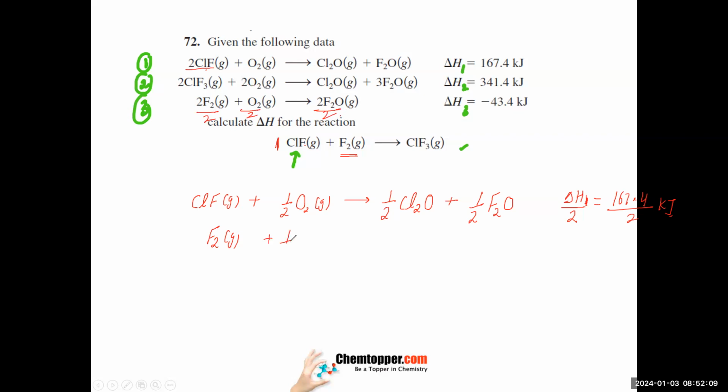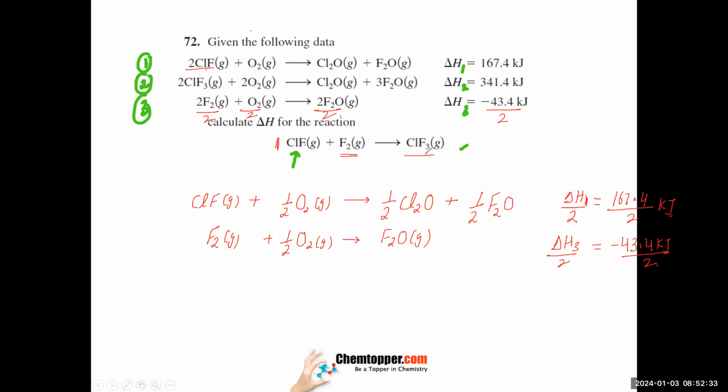Plus half O2 gas, giving you F2O gas. And that is your delta H3, also divided by 2, this value divided by 2. So it is minus 43.4 kilojoules divided by 2.